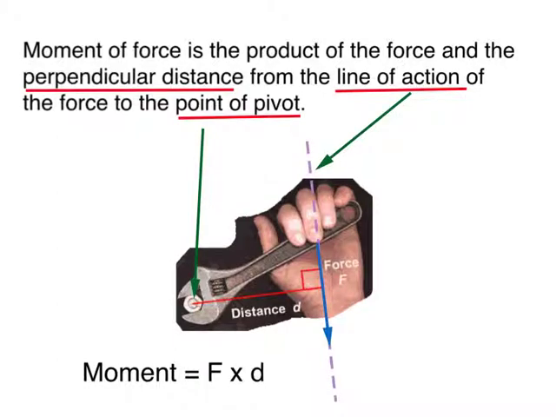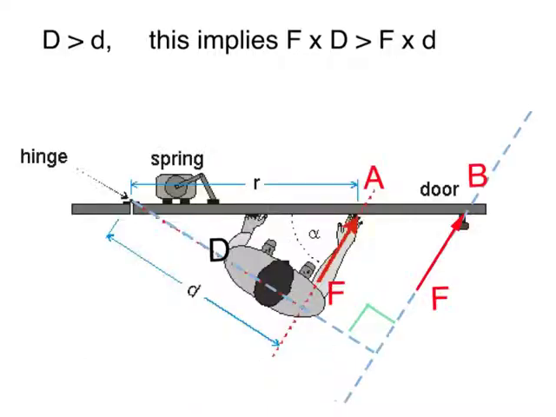Just a quick recap. Moment of force is the product of force and the perpendicular distance from the line of action of the force to the point of pivot. Which means if you have a bigger perpendicular distance, you would have a bigger moment and hence a bigger turning effect.